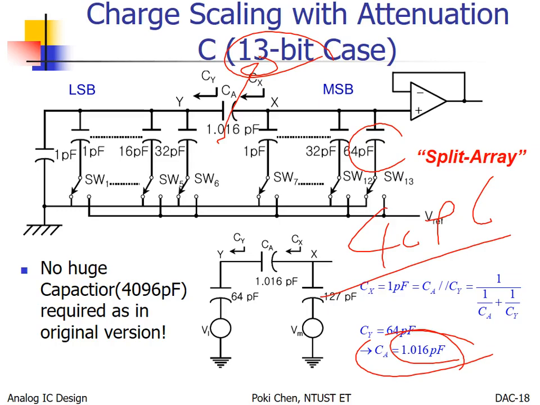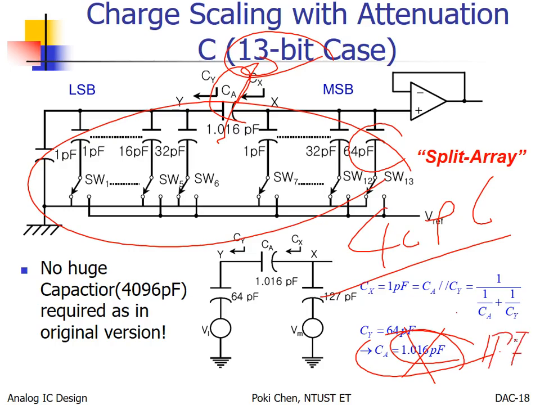My recommendation is never use this one, because it is impossible for you to match CA to all the others. So what you can do is you still use 1P instead of this.